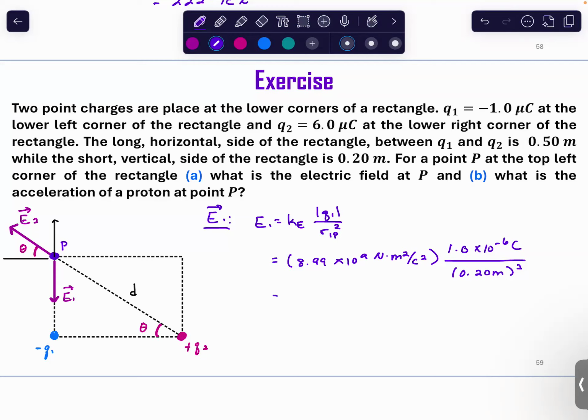That will calculate out to be a magnitude of 2.25 times 10 to the 5th newtons per coulomb, and then of course it's going to become a vector. Tell me why the vector ended up written like that. So it's on the y-axis going straight down.